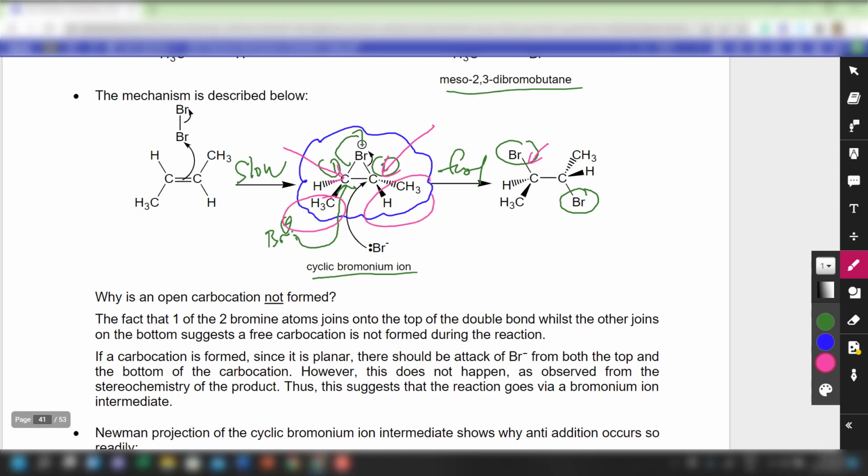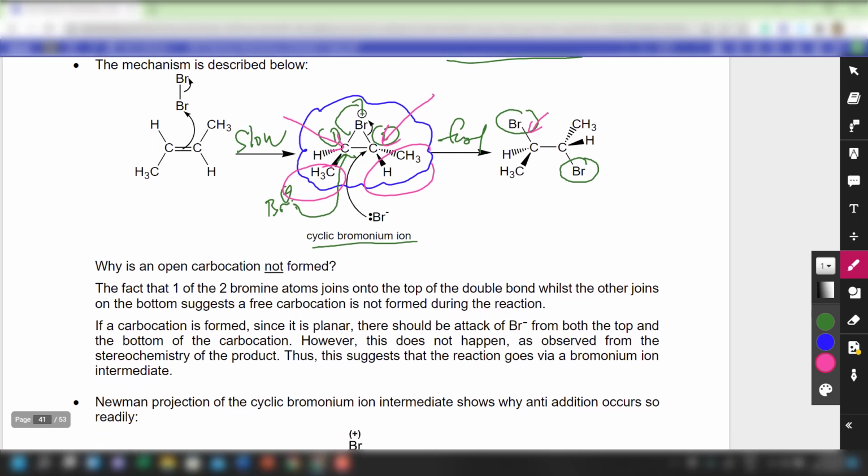When we introduce very bulky groups, it prevents nucleophilic attack from the rear. The groups are so bulky that the rear is blocked because the groups point downwards. And some students will also ask, why isn't a carbocation intermediate formed instead?